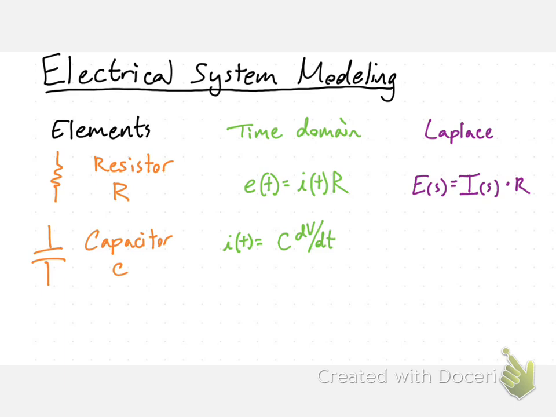But I always learned that I is equal to C dV dt because I am Charlotte de Vries, so that's how I remember that one. It's not a very useful mnemonic for everyone, but I like it. So it's hard for me not to write C dV dt.